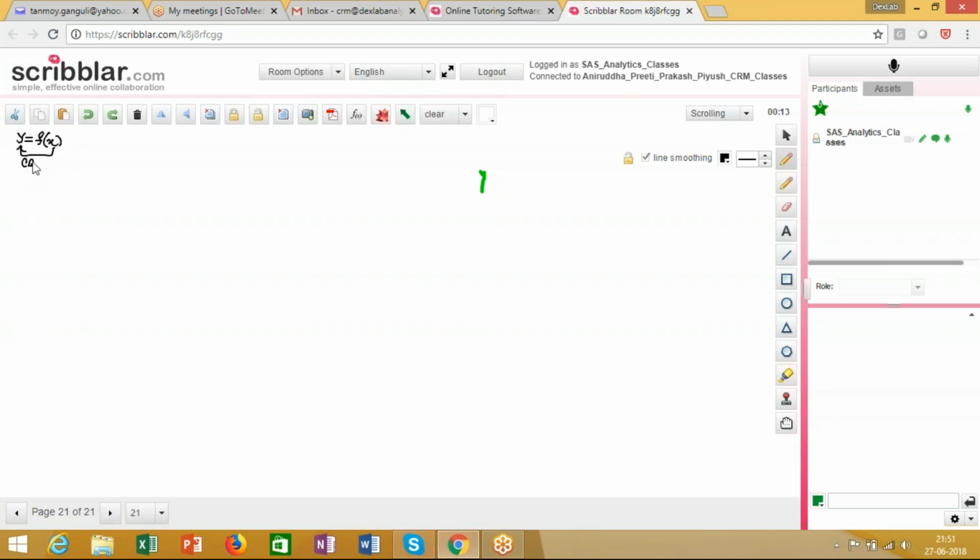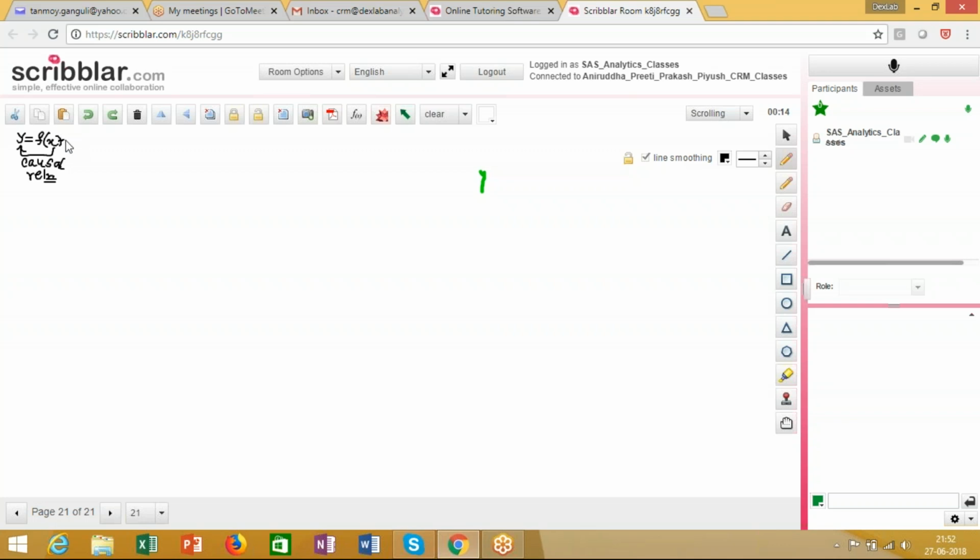So let's try to understand what this causal relationship is. What it simply means is that x causes y. Now over here, x is the independent variable and y is called the dependent variable, right?